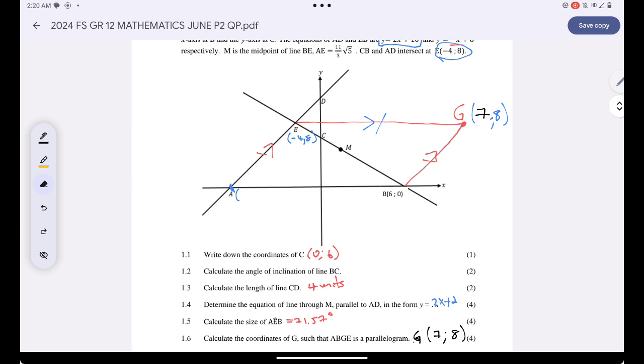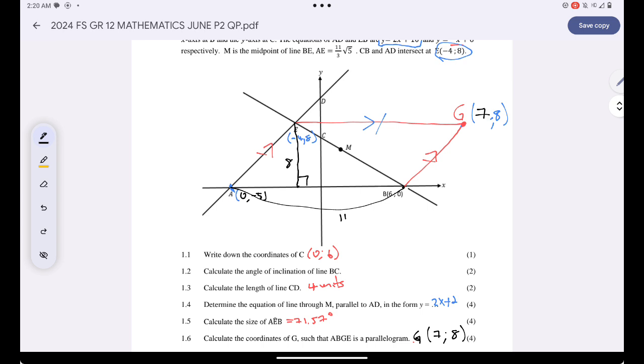Now we do have the coordinates. Our base is this one, and this is 11 units. Our perpendicular height is this one. Are you together? And the height is just 8 units.